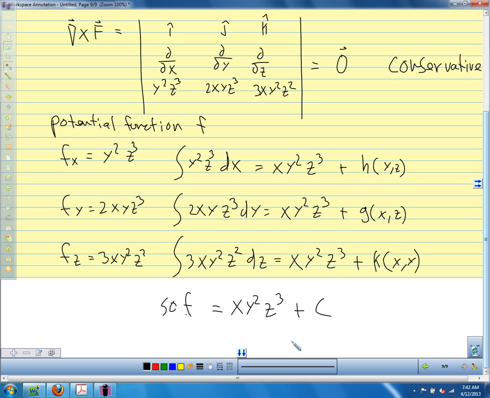Are we going to ever have to adjust that? In the homework problem, I think there's one question where you have to look at these constants to make sure that your gradient comes out correctly.